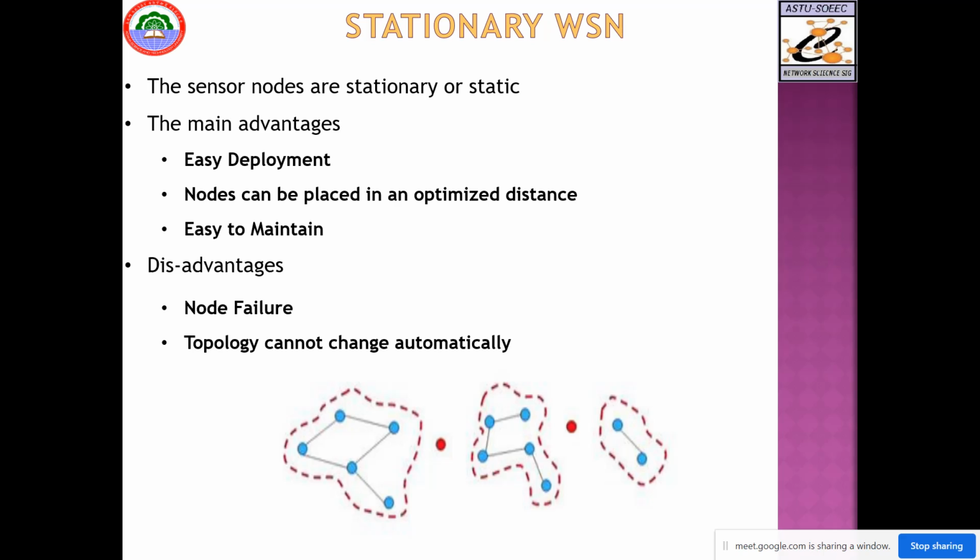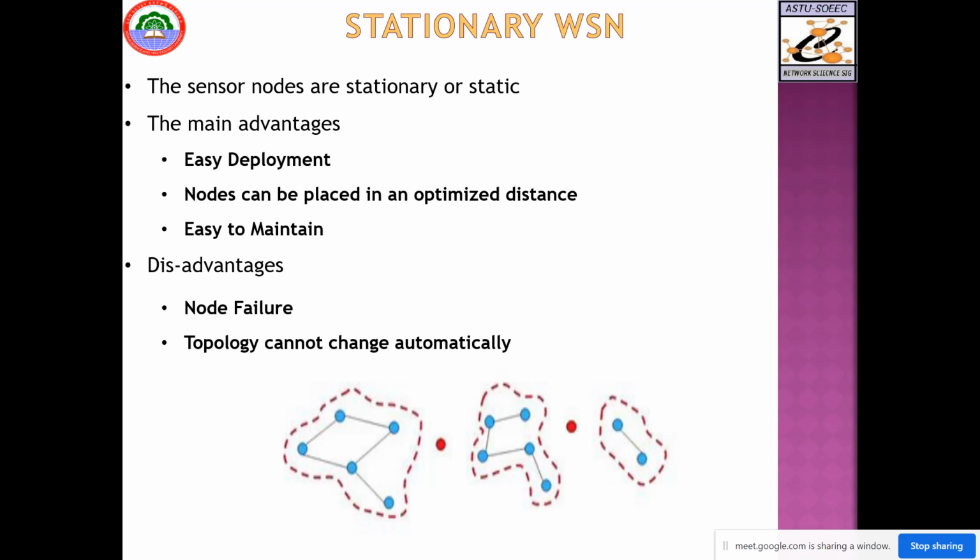There are some disadvantages also in the case of stationary networks. As we said, in a 10 meters by 10 meters range, let us assume we deployed 10 sensors. Among these 10 sensors, if one or two nodes fail, then the distance may vary from one sensor to another.